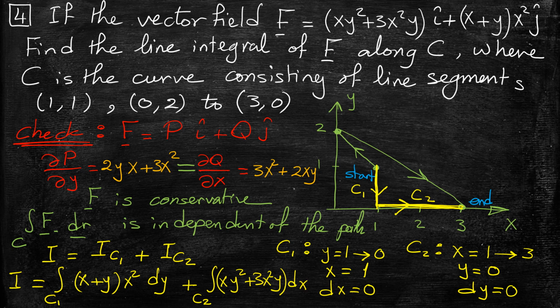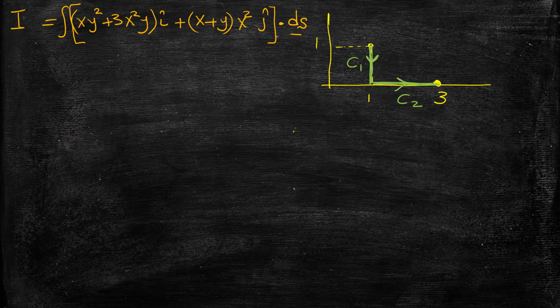So considering this one right now, I need to move through C1. We mentioned that C1 will give us some change along the y-axis. This is x and this is y. So along C1, y is changing from this value here, which is 1, going down to 0, and x is constant equal to 1, and dx correspondingly is 0, so there is no change in x.